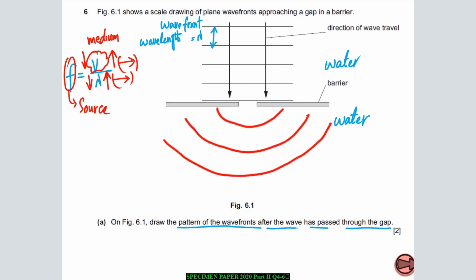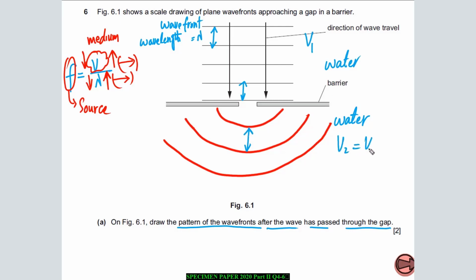So this is how we can answer. What we have to be very careful about is the space between these lines. It has to be the same before the barrier, and also the same after the barrier, because let's say the speed is v1 here and the speed is v2 here.